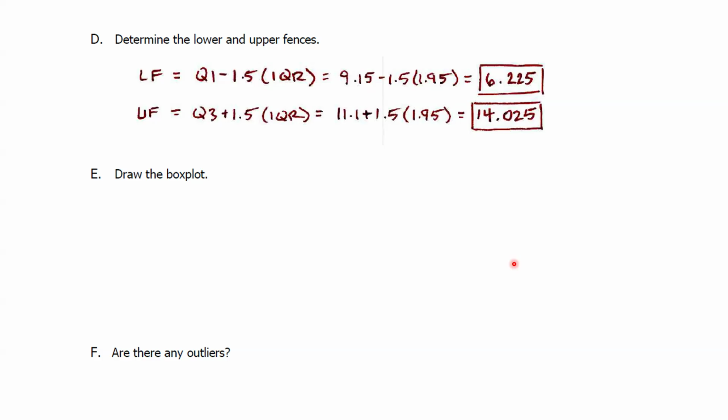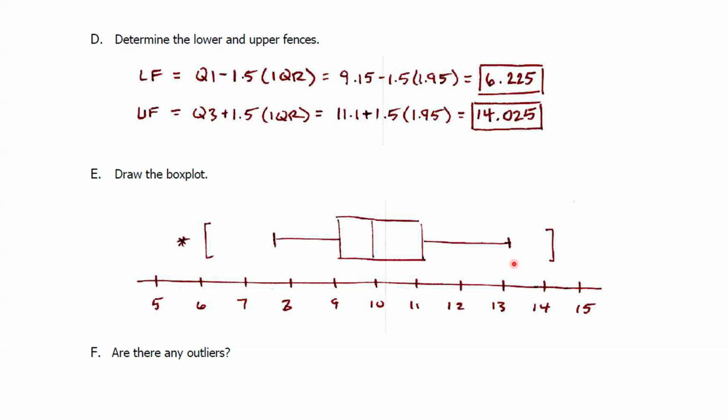I'll then apply my whiskers, which are the lines that go to the highest and lowest values within my fences, and then apply my outlier. In this problem, our outlier is the value 5.7 because it's less than 6.225, our lower fence. Awesome.